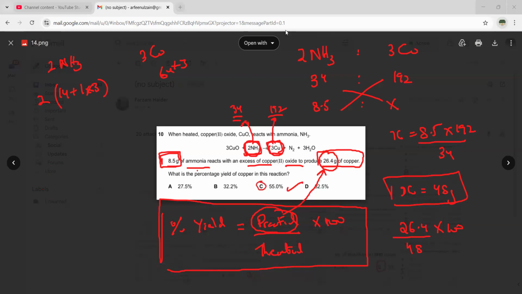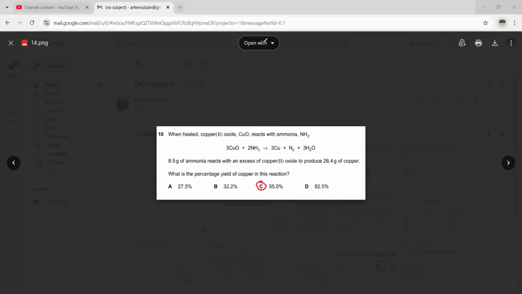So look, how we'll do such a question. You can also do it another way: finding the moles first, then using a mole ratio, finding the mass, but that is a long method and it's an MCQ, a multiple choice question. So whenever you see in an exam that you need a percentage yield, percentage yield is basically what proportion of a product you get when you do the experiment.